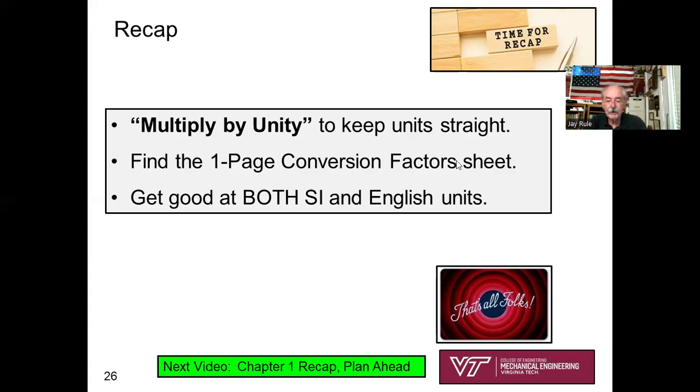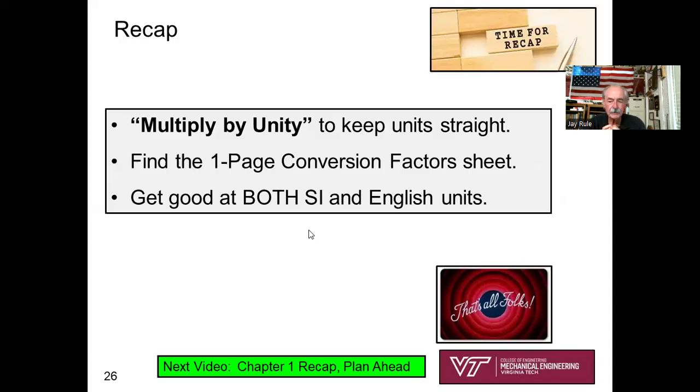Find the 1-page conversion factor sheet, save it to a PDF file, print it out to a paper copy. Do both of those. Get good at both SI and English units, because you're going to be having a mix no matter what section you're in. I strongly believe that you're going to be having a mix of both SI and English units.